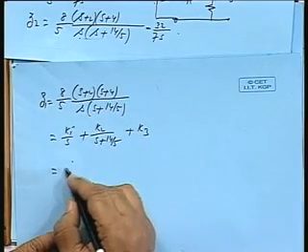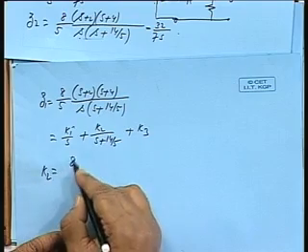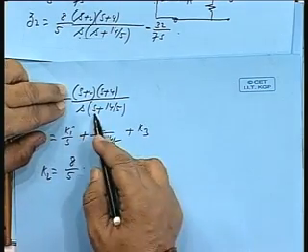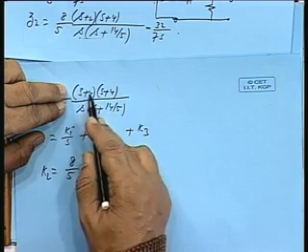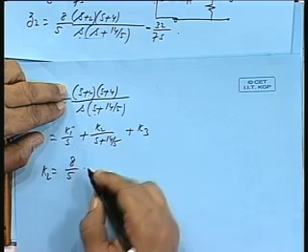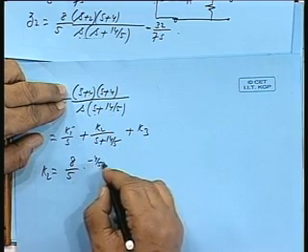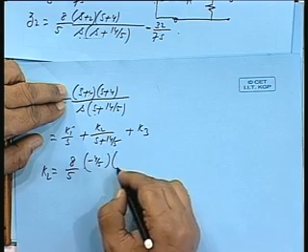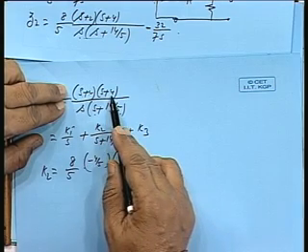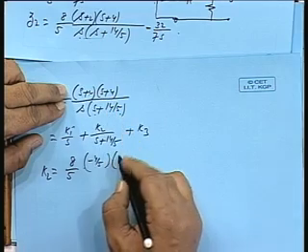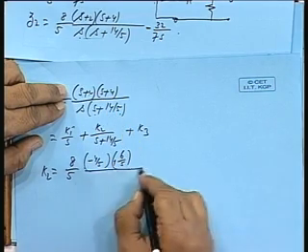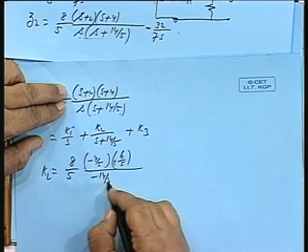So, 8 by 5, S plus 2 gives 4 by 5, and S plus 4 gives 6 by 5, divided by minus 14 by 5. Correct me if I am wrong. 14 by 5 minus 4 is 6 by 5.